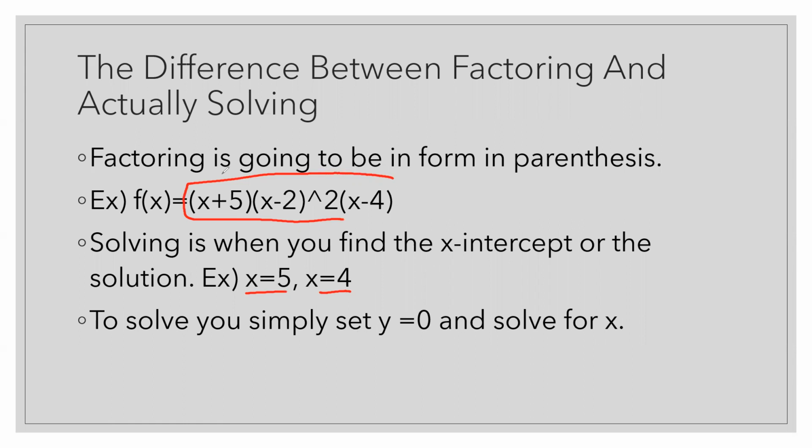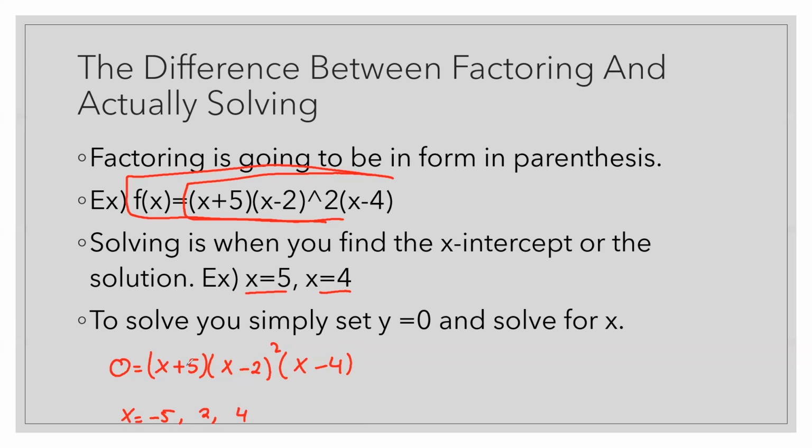So for example, let's stick with this polynomial. Once you have it in the most factored form, and let's say they want you to solve for it, you simply set y to 0. When you actually solve for x, some people can see that it's going to be -5, +2, and +4.